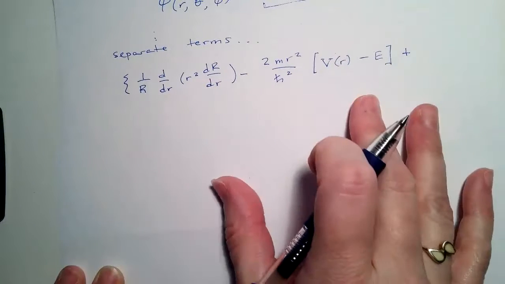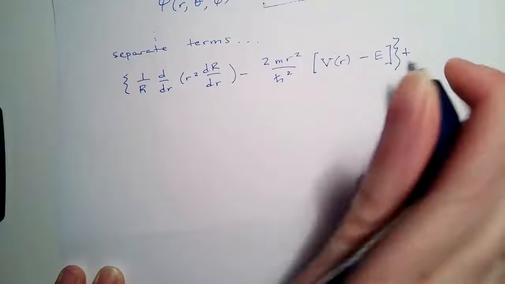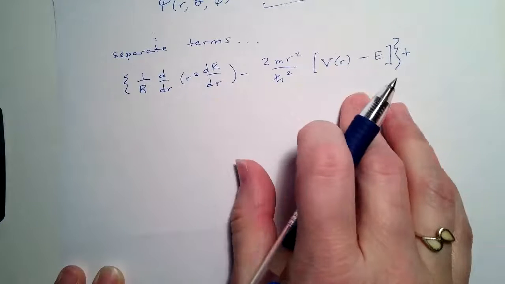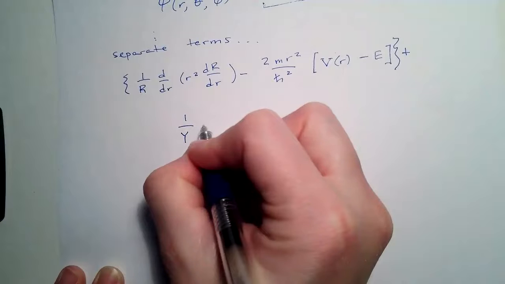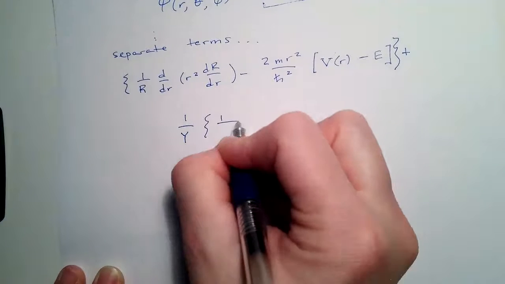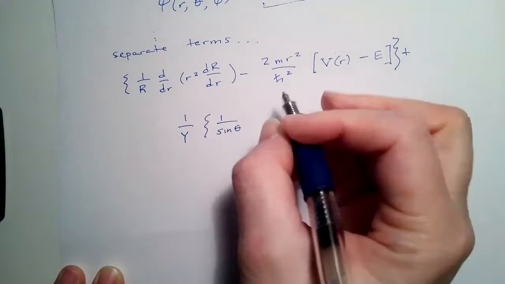So we have this stuff for our radial part of the equation. Then we've got another set of things for our angular parts of the equation.